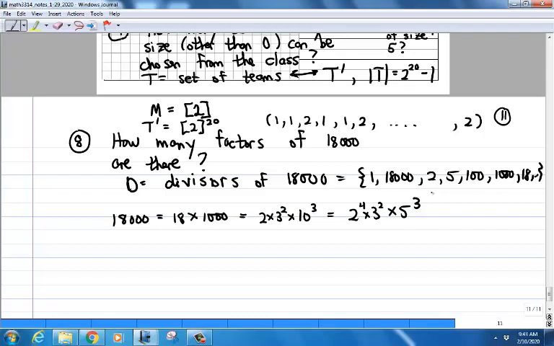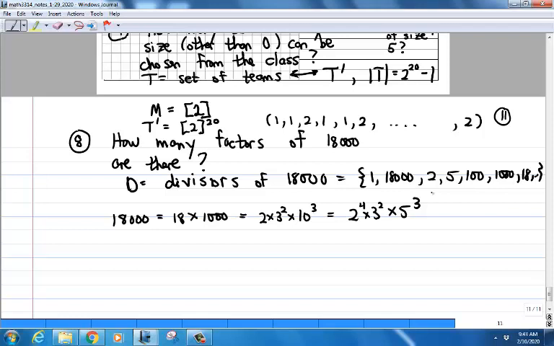Well, guess what? If you're going to have a divisor of 18,000, it's going to have to involve a power of 2, or a power of 3, or a power of 5. Not or, it can be and as well. So if you have a divisor, what's the biggest power of 5 that can divide into it? 5 cubed, right?